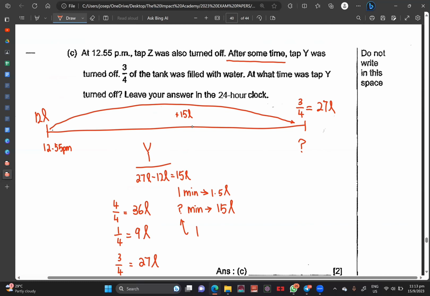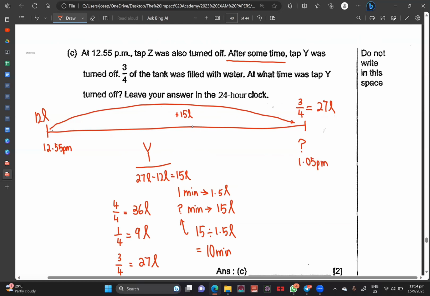Over here, 15 divided by 1.5 liters, we get 10 minutes. Oh, wow. So that means we are going to calculate 10 minutes after 12:55. We all know by now, it's 1:05 p.m.